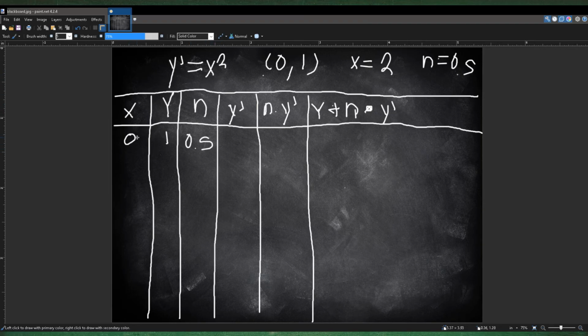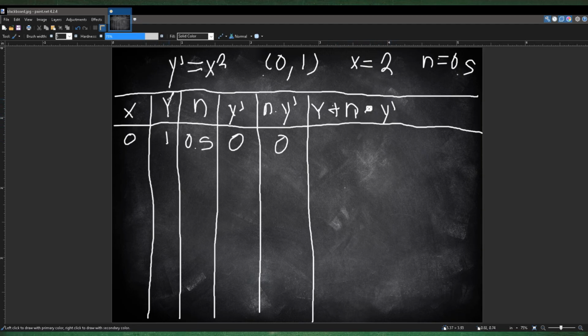So what is x? Well, our x is right here. X is 0. So we plug in 0 in here. So 0 squared is just 0. So n times y, so it's basically just this times this, which is 0.5 times 0, which is just 0.